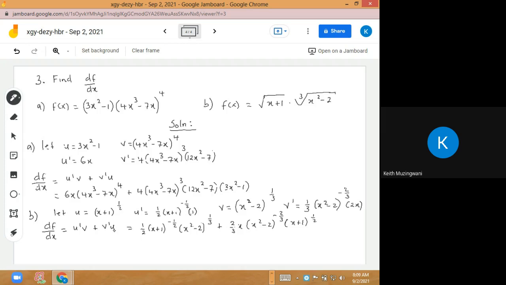So this becomes the derivative of f for b using product rule.